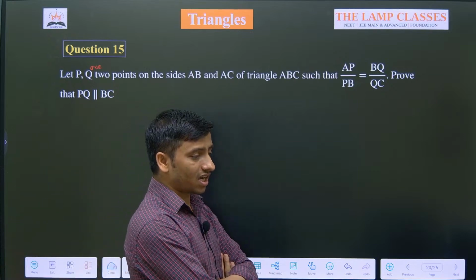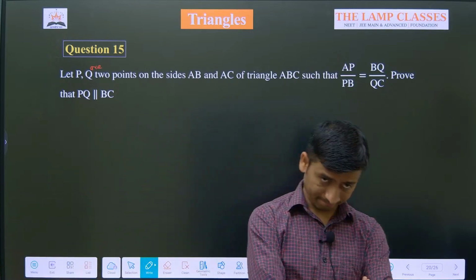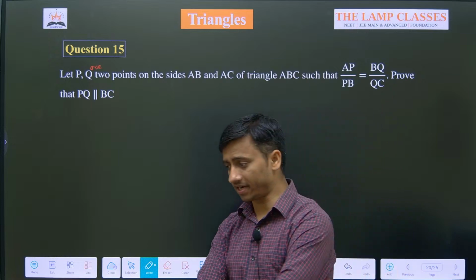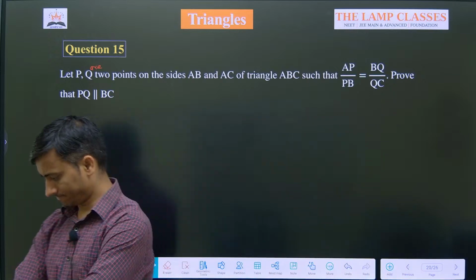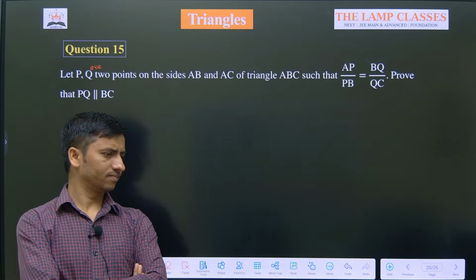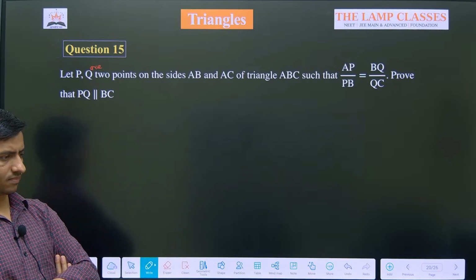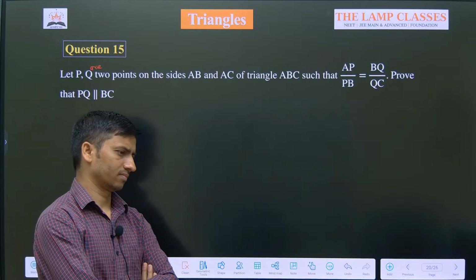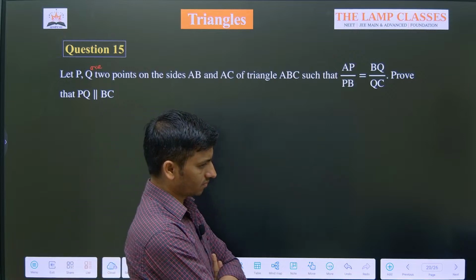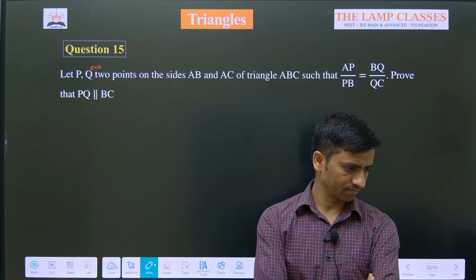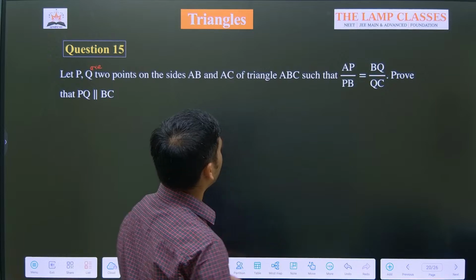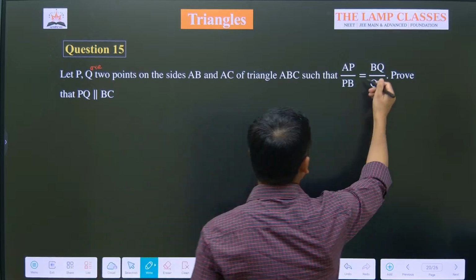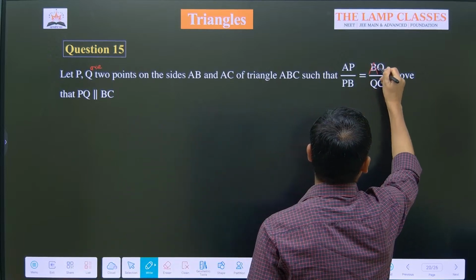And what is the other name of the BPT theorem, guys? Please write in the comment. Let me check. Yeah, it is AQ upon QC, guys. No? There should be a correction.